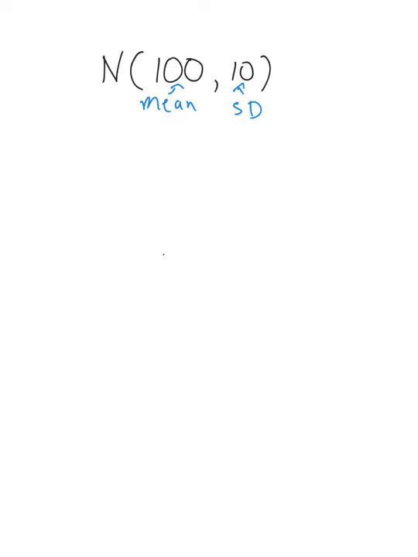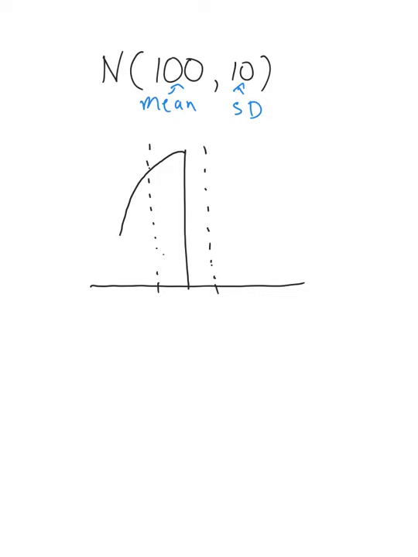So a normal graph, by now you should know, starts in the middle, and then it goes off to the side a little bit, right? It dips down a little bit, and then it dips down a little bit more, and then it goes all the way down.